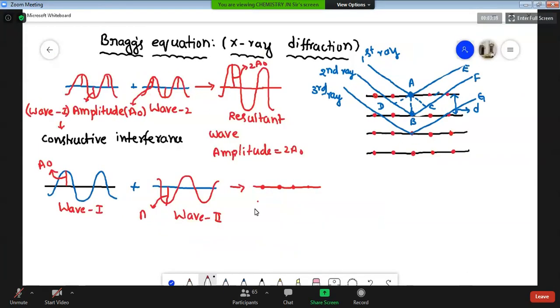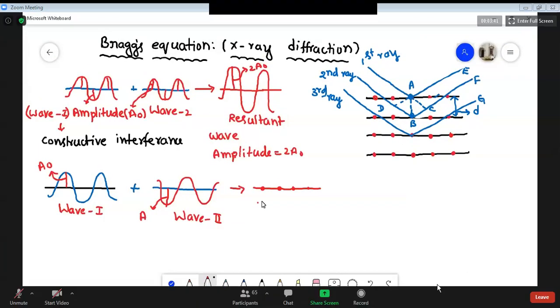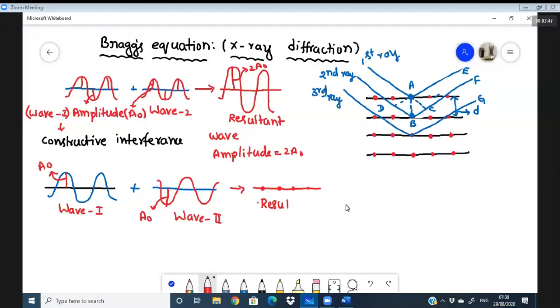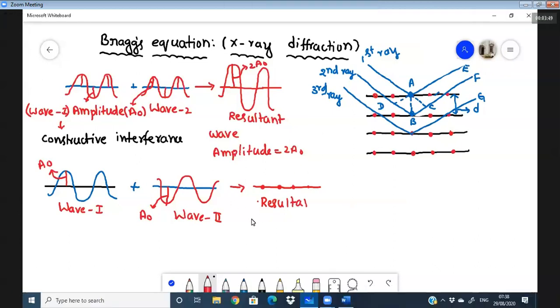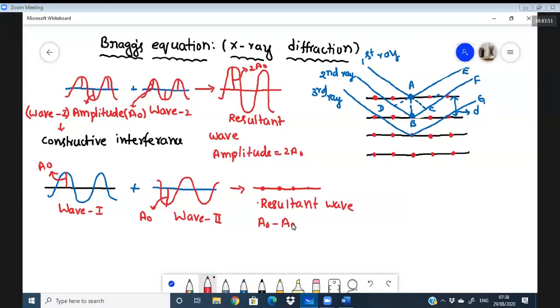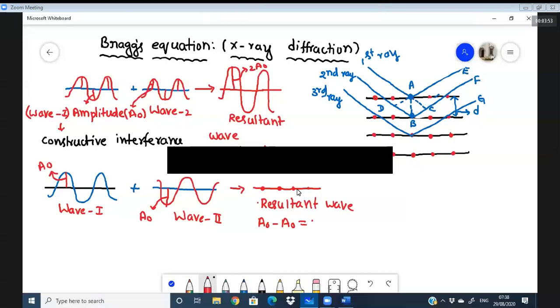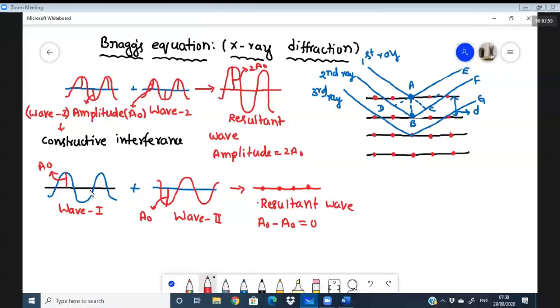Here also A naught. Resultant wave: A naught minus A naught equal to 0. Then this is called as destructive interference.